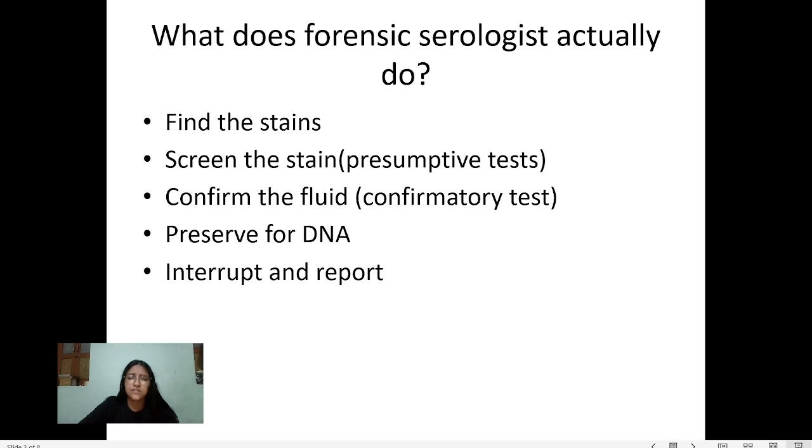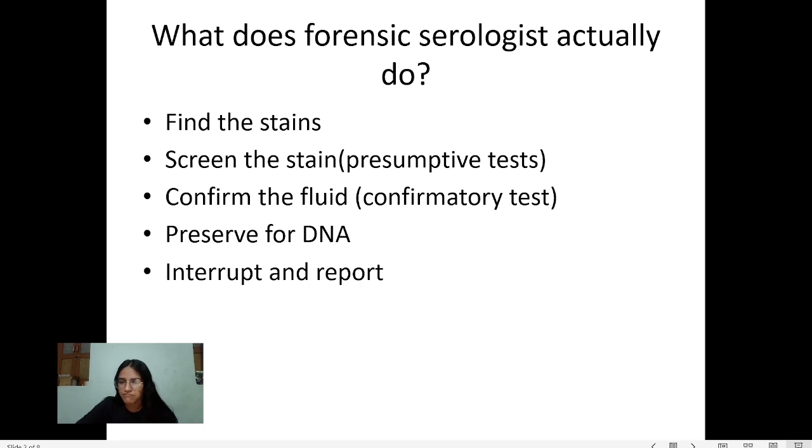So before testing with the preliminary test itself, they preserve some evidence for DNA analysis to know whose it is, whether it's human or animal, and even if it's human, which human holds the body fluid. So person identification is possible by DNA analysis of forensic biological fluids.